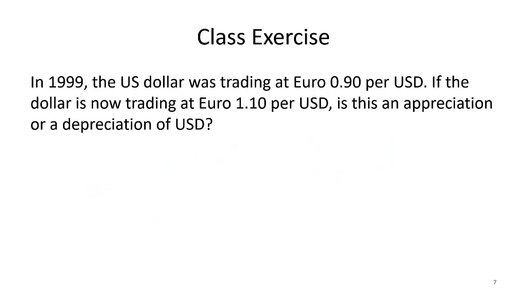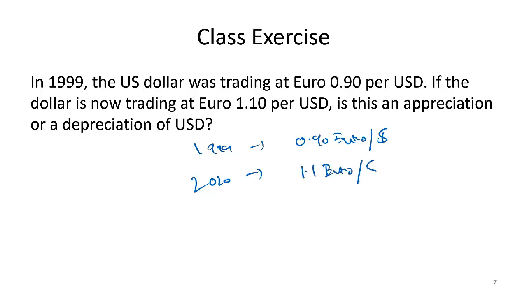In this class exercise, in 1999, US dollar was trading at 0.9 euro per USD. If the dollar is now trading at 1.1 euro per USD, is this appreciation or depreciation of USD? Now in 1999, so let's write it down, 0.9 euro per dollar. Today, 2020, this is 1.1 euro per dollar.